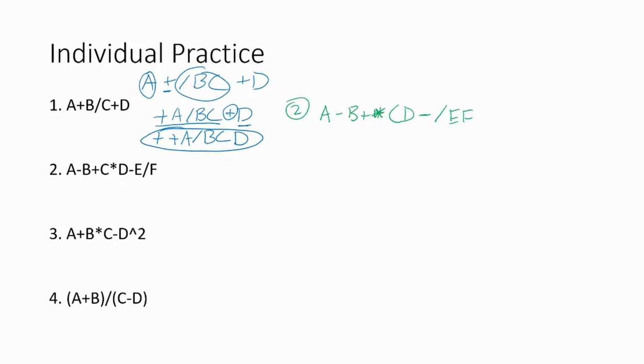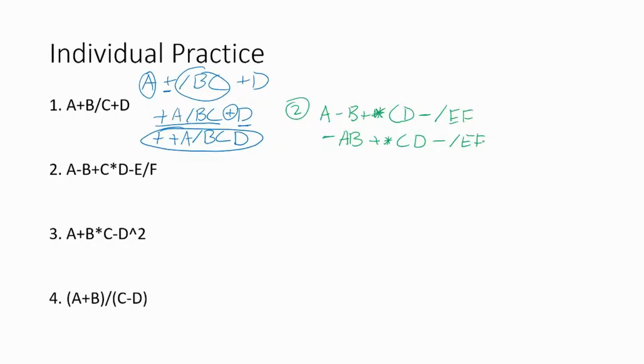So I go from left to right, and let's do that. Our first one is the subtraction on the left. So let's make that into prefix notation. Minus A, B, and then I have my other plus CD minus division EF.